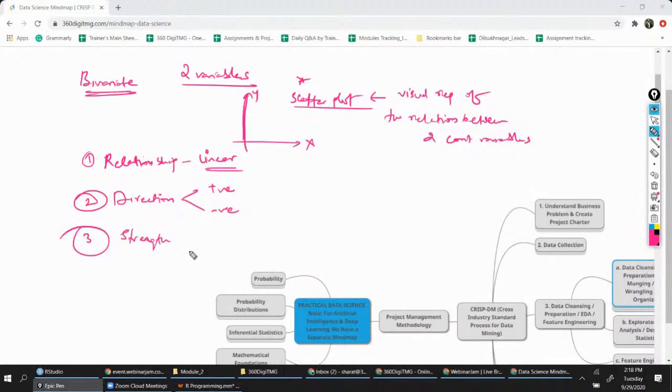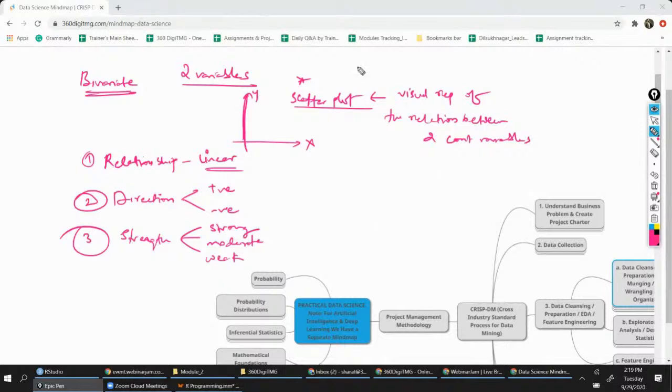And this effect can be categorized into three different levels. It could be strong, it could be moderate, or it could be weak. These are the three levels of the relationships that we can try and assess. So scatter diagram, of course, talks about other things also, but these are the primary things that we need to look at at this point of time from a scatter diagram.